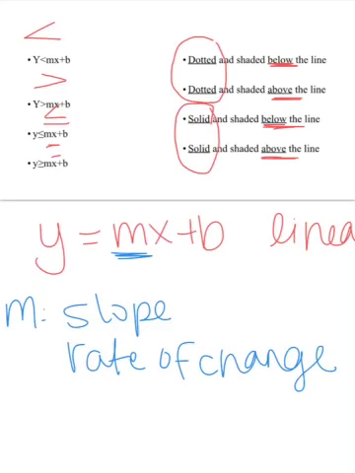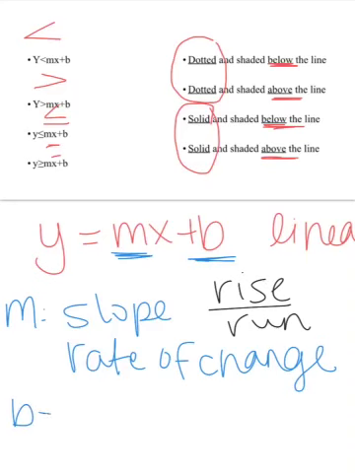And remember, slope is also called rise over run. Okay, and b is the y-intercept, and that's where the line is going to cross the y-axis. So graphing linear inequalities is very similar to just graphing linear equations. You're going to graph the line and then shade one side or the other.